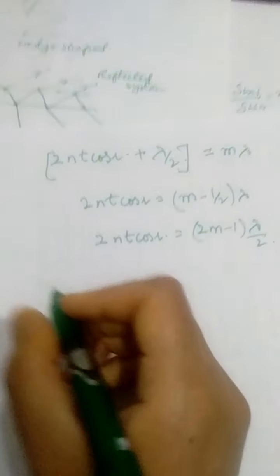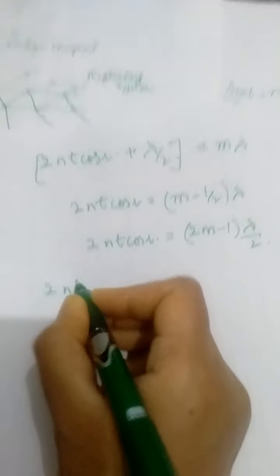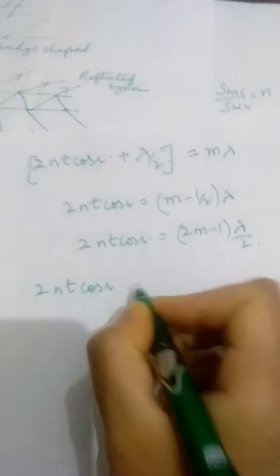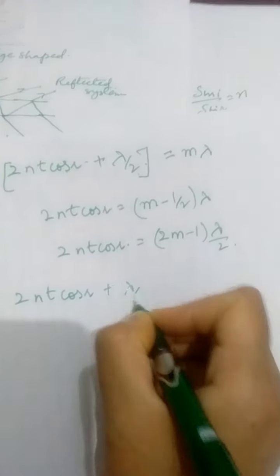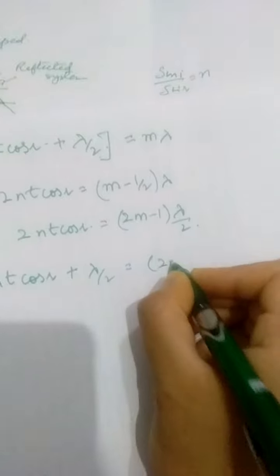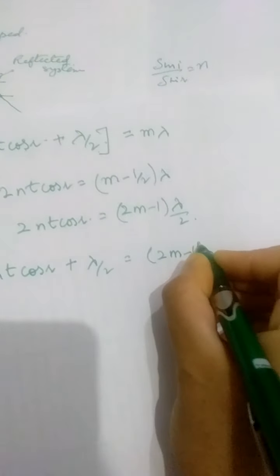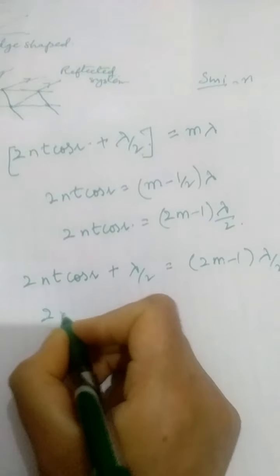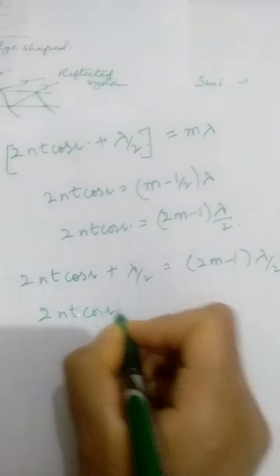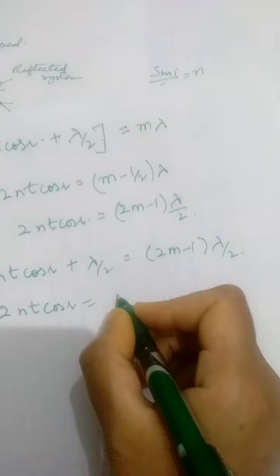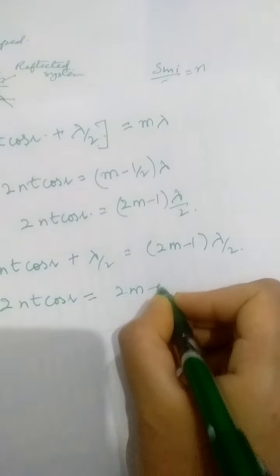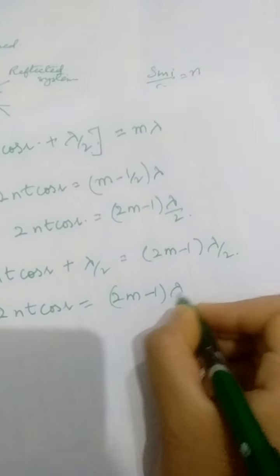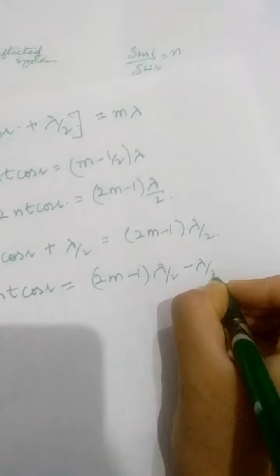For destructive interference, it is again 2nt cos r plus lambda by 2 is equal to 2m minus 1 lambda by 2. So this is 2nt cos r is equal to 2m minus 1 lambda by 2 minus lambda by 2.